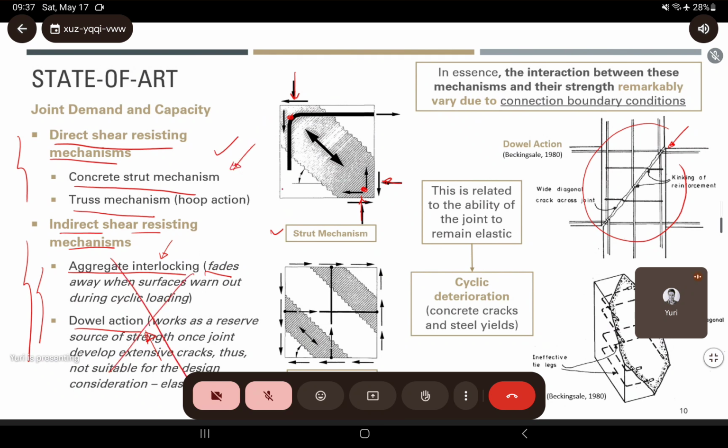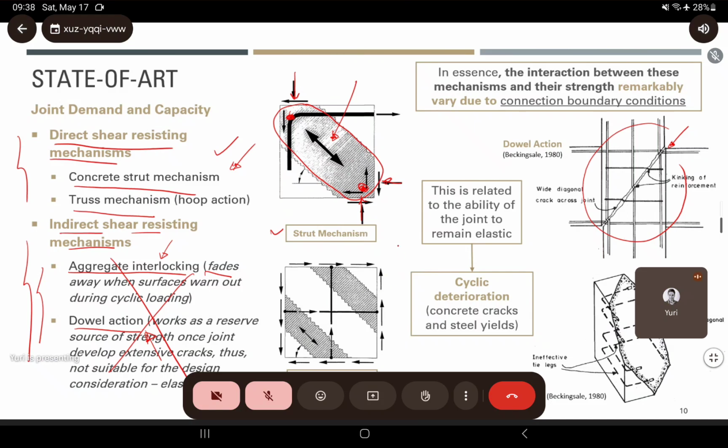So coming back to the direct shear mechanisms, the concrete strut mechanism is a concrete volume inside the joint that is under compression and is self-equilibrated with the nodal forces, and is completely related to the strength of the concrete strut. We don't necessarily have to have reinforcement for this mechanism to work, but whenever you have confinement reinforcement, that helps the strut.